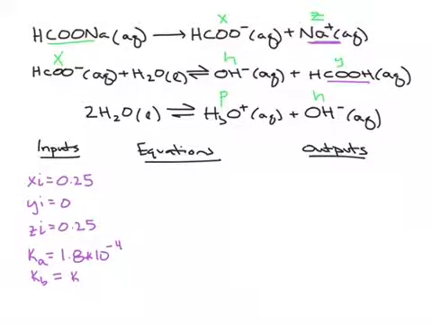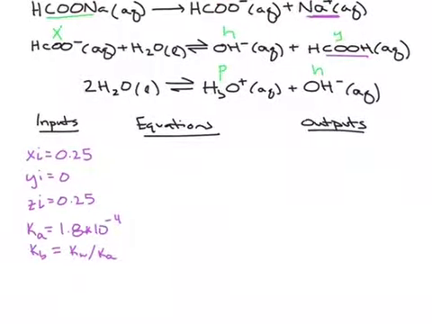Remember that Kw is equal to Kb times Ka, so to solve for Kb, you just divide both sides by Ka. And then the last thing that we can input is Kw, of course, don't forget that.